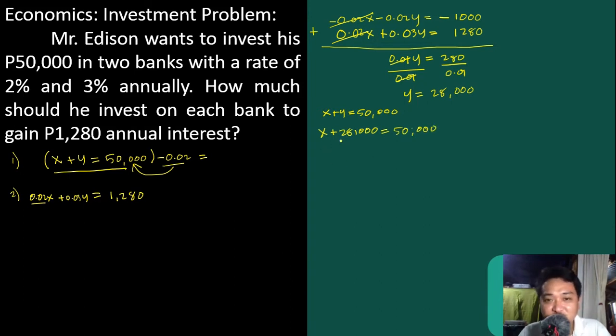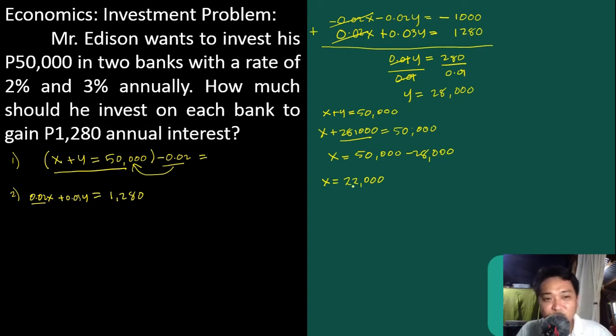And then let us transpose this to that side. And since it is positive, magiging negative siya. So, x here will be 50,000 minus 28,000. Or x will be 22,000.